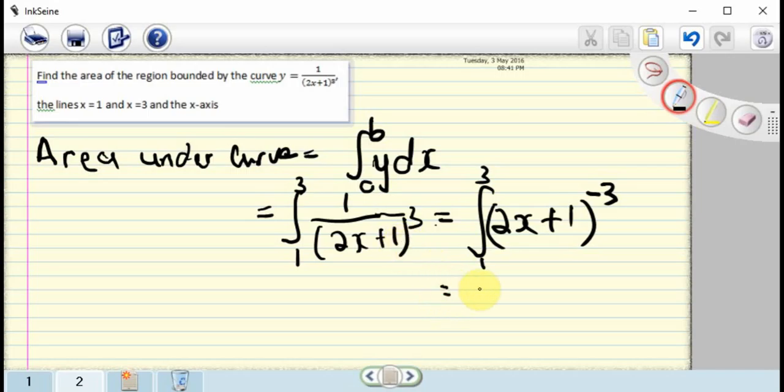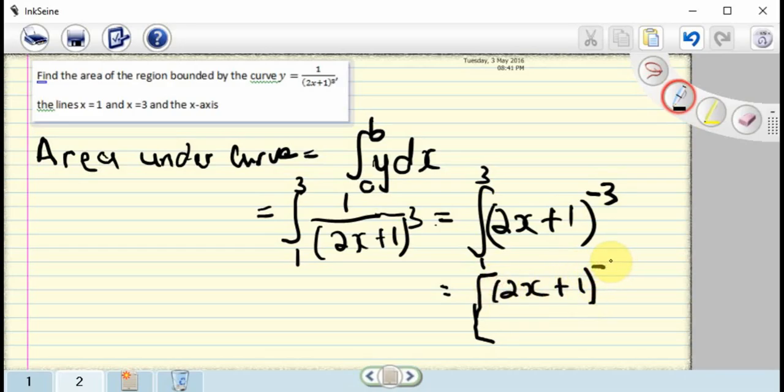Now we can integrate. When integrating, you know that the power is increased by 1.